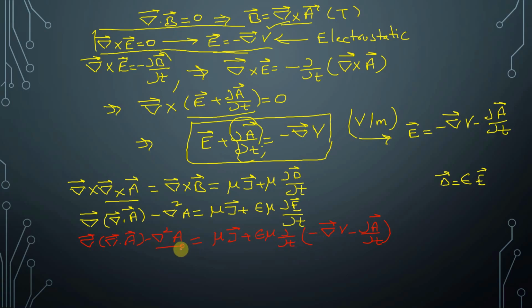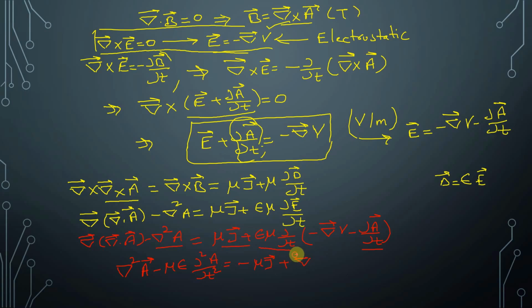I am taking the del square A term first, and taking the other term to the left hand side. So del square A minus mu epsilon curl square A upon curl T square is equal to minus mu J, this term.